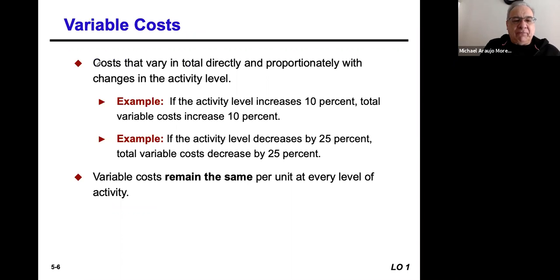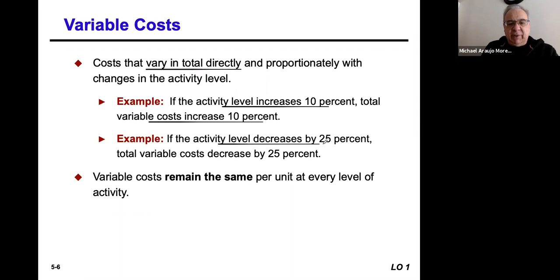So here we go. Some variable costs, right? So they vary based on the change in activity levels. So if activity level is increasing 10%, you would expect your variable costs also would increase 10%. The same is true in the opposite direction.